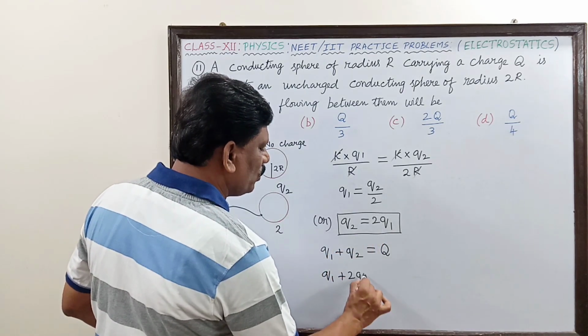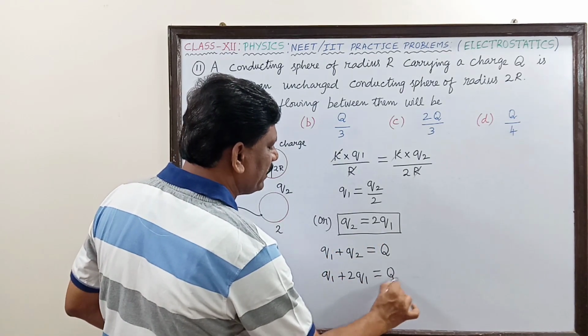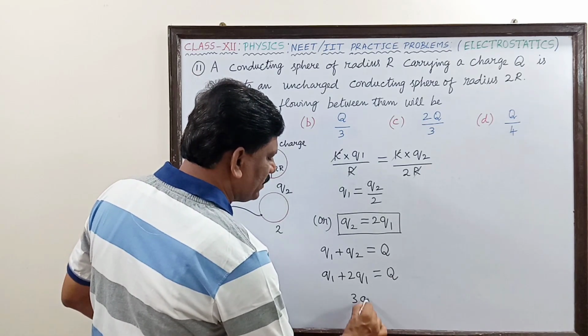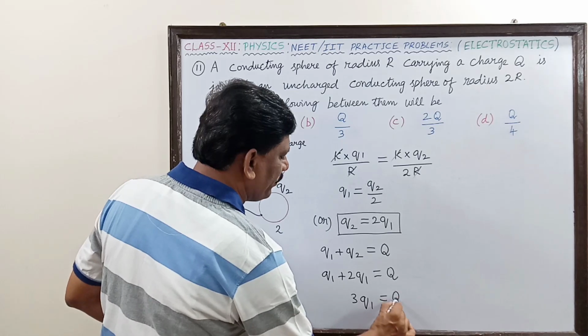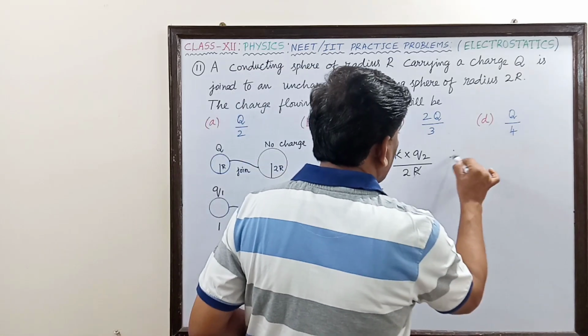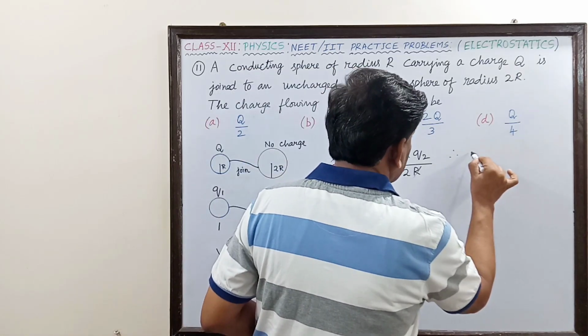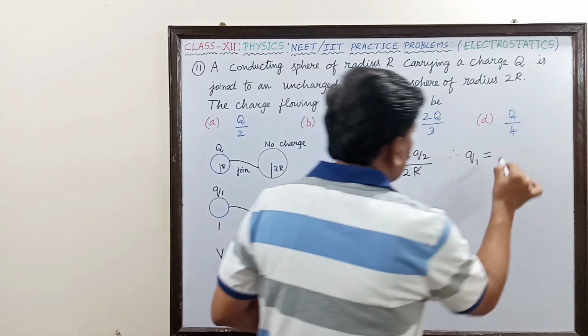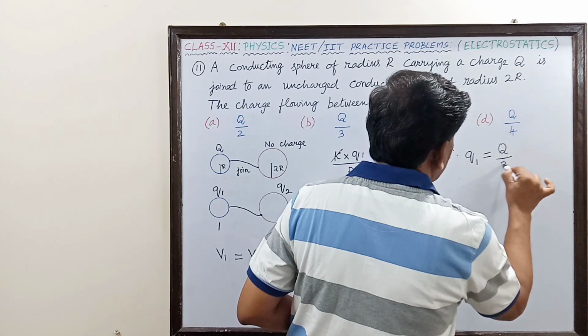So this is 2Q1, and this must be equal to capital Q. So totally 3Q1. So 3 times Q1 is equal to capital Q. Therefore, Q1 must be equal to Q by 3.